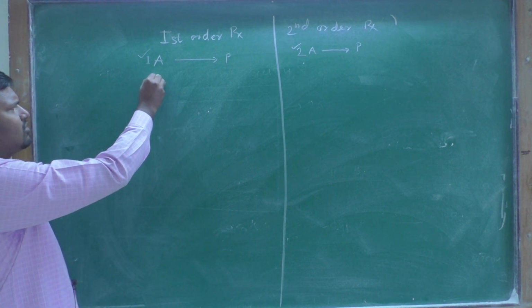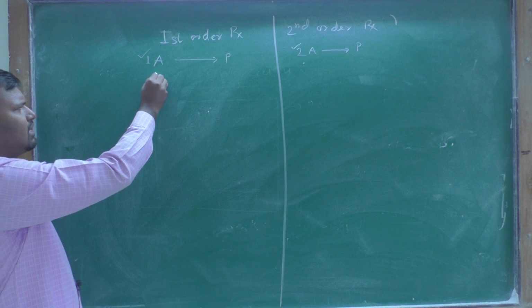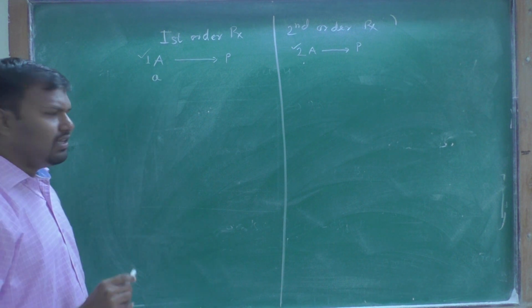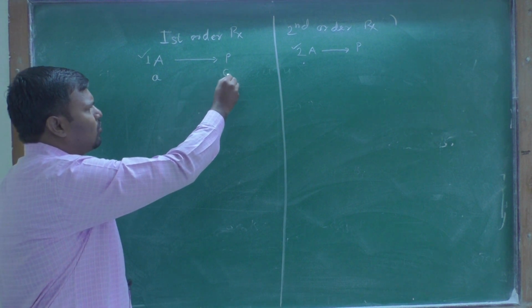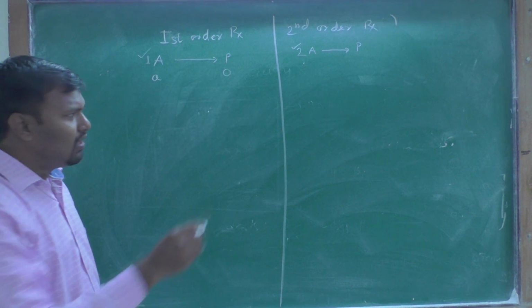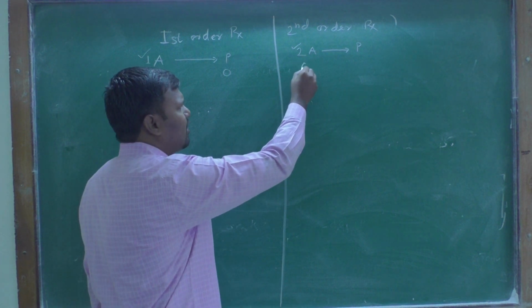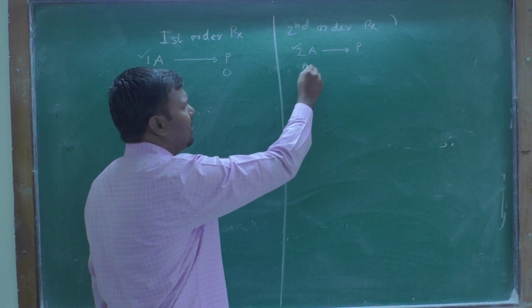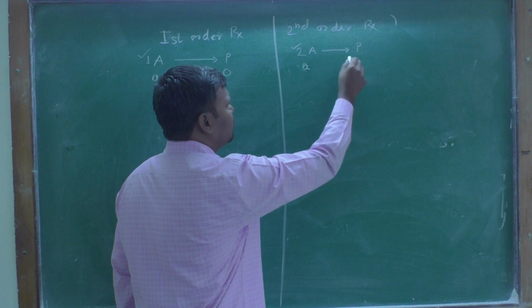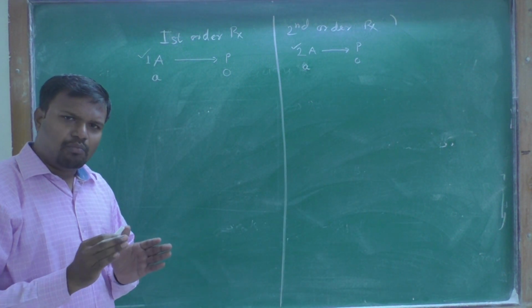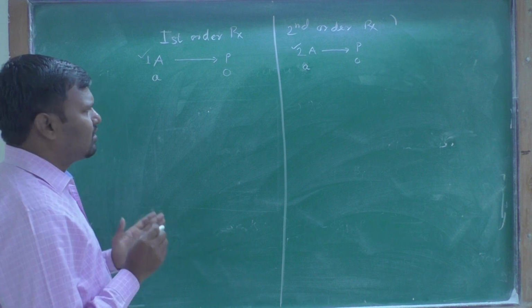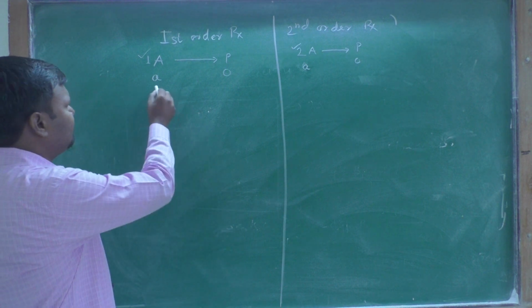Suppose that at the start, the concentration of reactant is A and the product is 0. At the start it has A, and the product at the start is 0. That is the concentration, mole per liter, we consider like that.